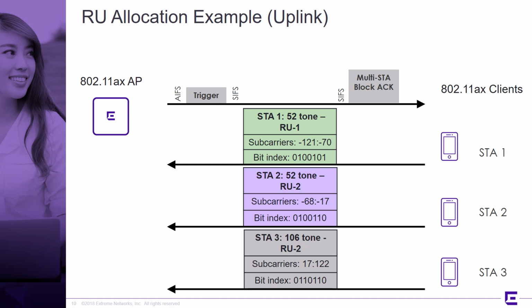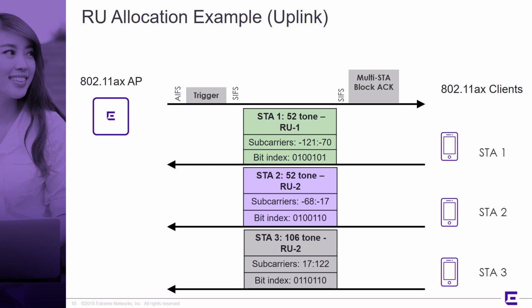This slide gives us an example of an AP allocating resource units to stations or client devices. In the beginning, the access point will have to arbitrate for a TXOP, as you can see, AIFS, arbitration interframe space. And then once it wins the TXOP, it will send a downlink trigger frame that will assign the resource units to each station.